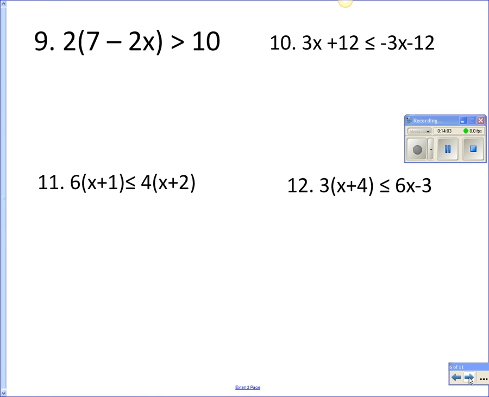Okay, let's do these, please. Number 9, 2 parentheses 7 minus 2x is greater than 10.